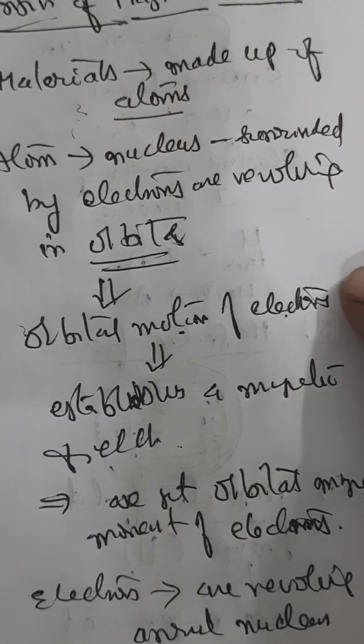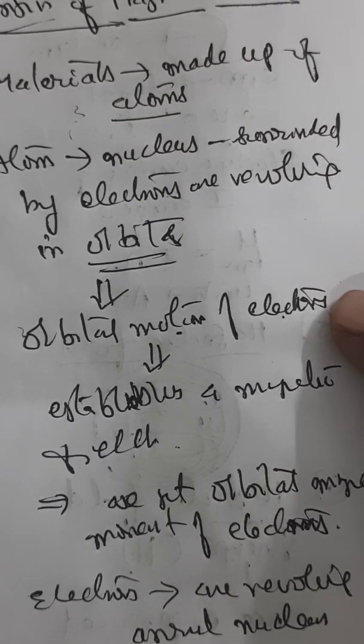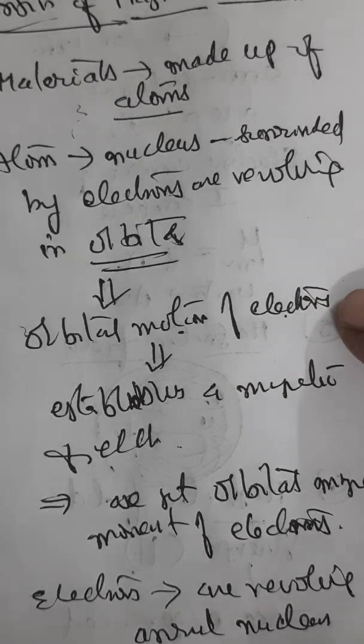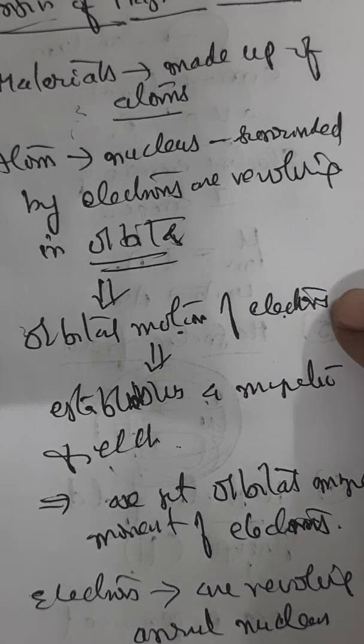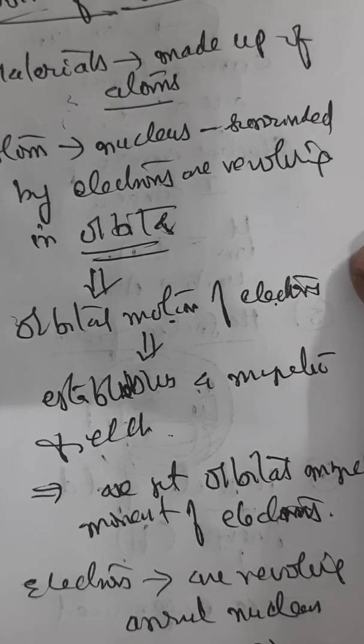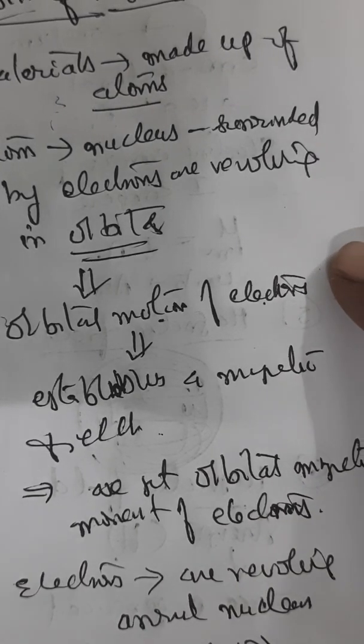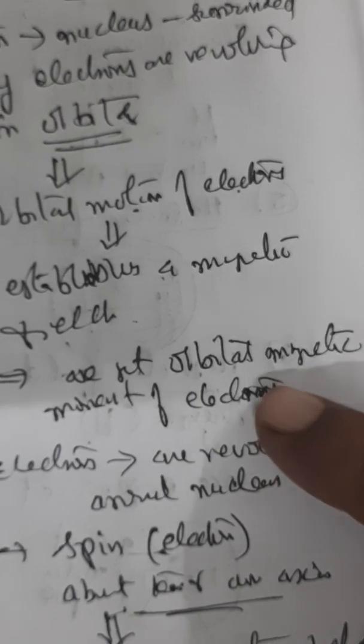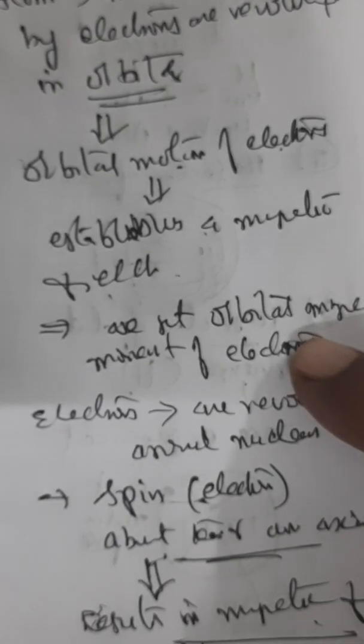The motion of electrons around the orbital establishes a magnetic field because they are moving. When a charged particle is moving, current is flowing, that means perpendicularly you have to have a magnetic field. So the magnetic field produced by the revolving electrons in the orbital is what is termed as the orbital magnetic moment of electrons. That is one thing.